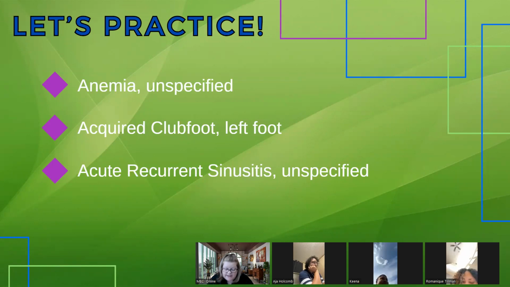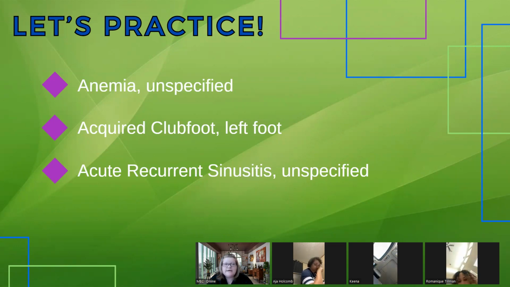J01.9 is on the right-hand page, left-hand column, kind of close to the top. J01.9, acute sinusitis unspecified. But we have a red stop sign, and it says J01.91 has recurrent. So let's look under that. J01.90, acute sinusitis unspecified. J01.91, acute recurrent sinusitis unspecified. So there we are, J01.91.